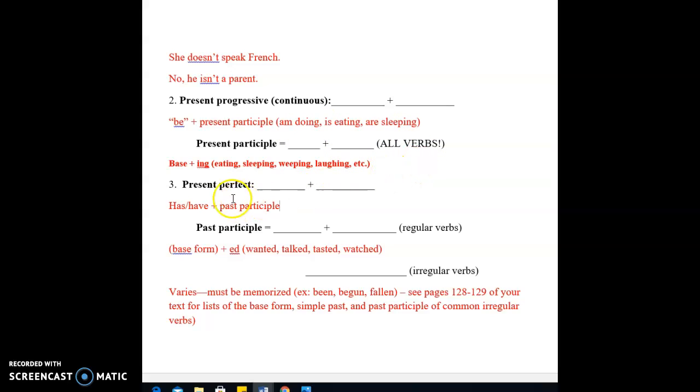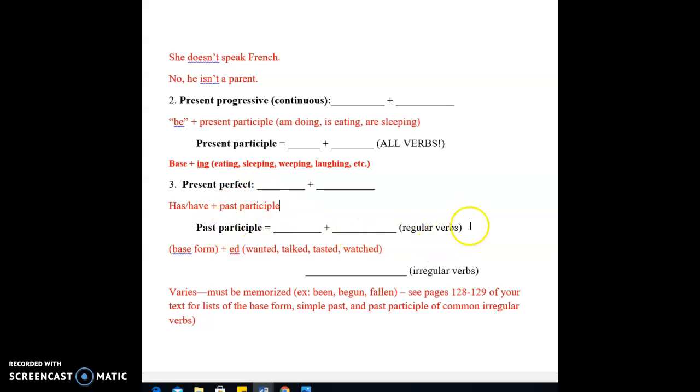Okay, now the last verb form that's covered in this chapter is the present perfect. And the way we form that is we use has for singular subjects like he, she, and it, or have for plural subjects like they have, we have, plus the past participle.